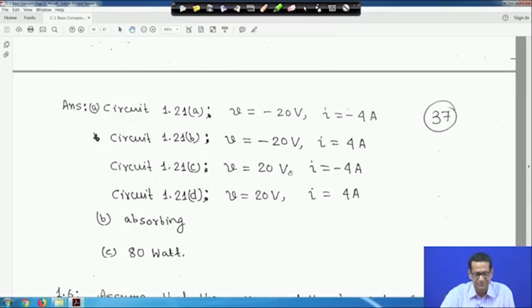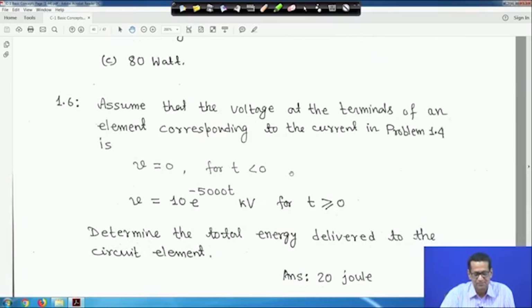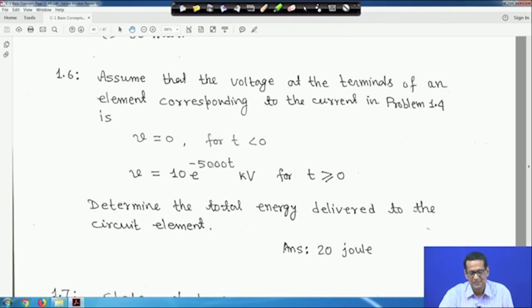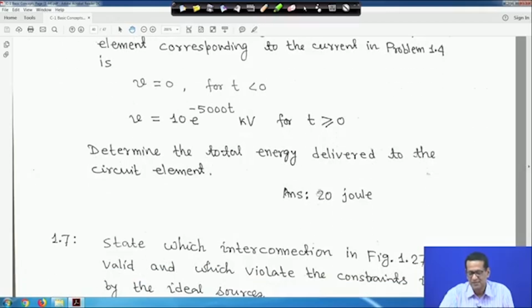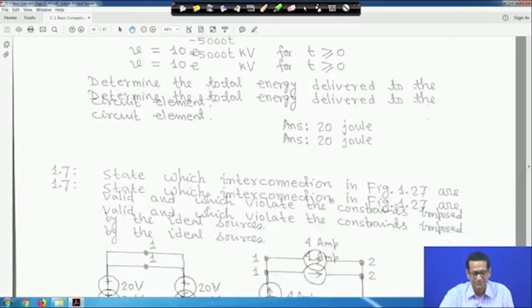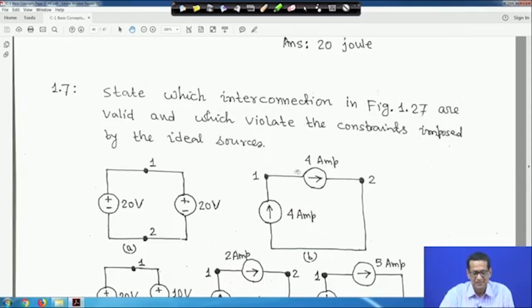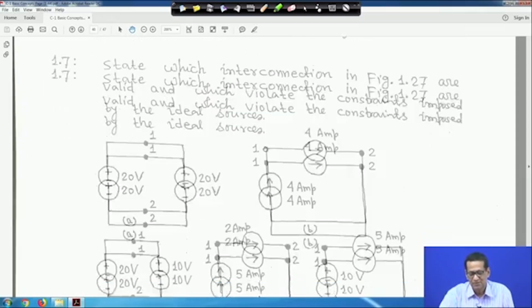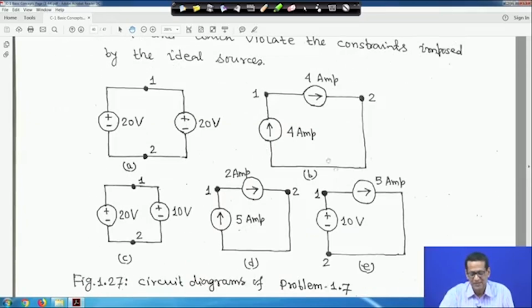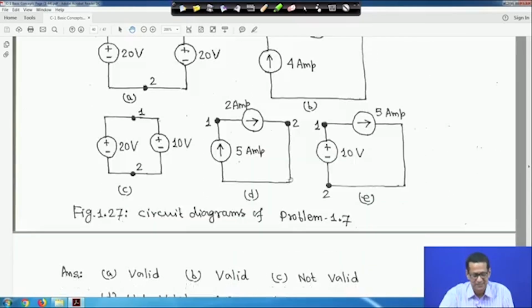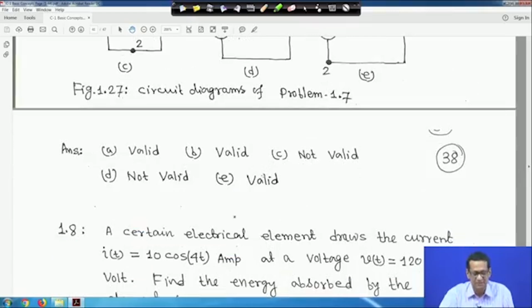Answers are also given. And problem 6, a voltage, time varying voltage is given, and you have to find the energy delivered, answer is given. There are 5 connections here, you have to see how many of them are valid or invalid. All answers are given.